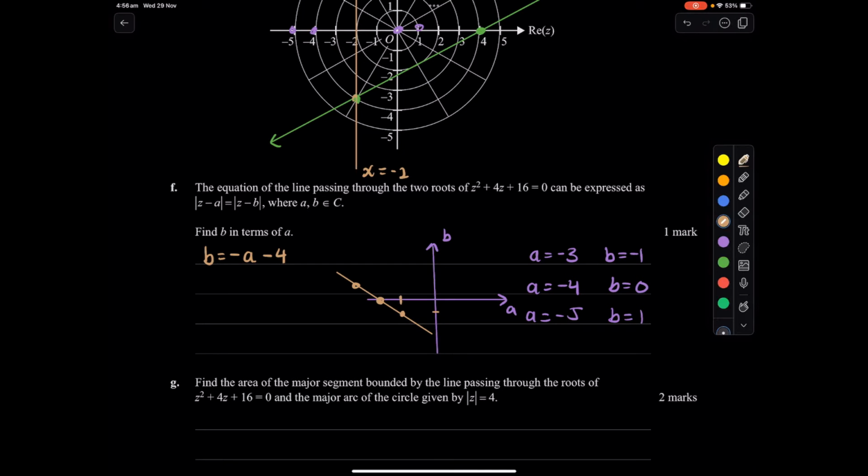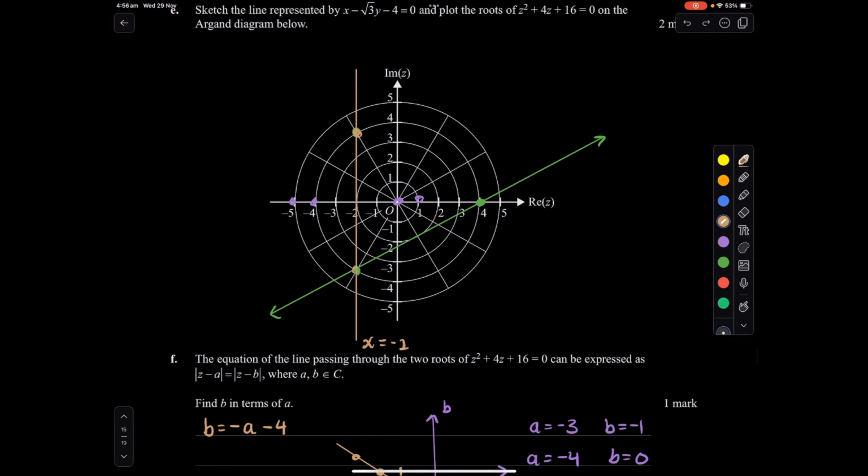But we need to be careful. Oh, wait. a and b are complex numbers, so it's not just this. It could also be this point over here, and it will still cross that. Let's pick these two coordinates over here, for example.